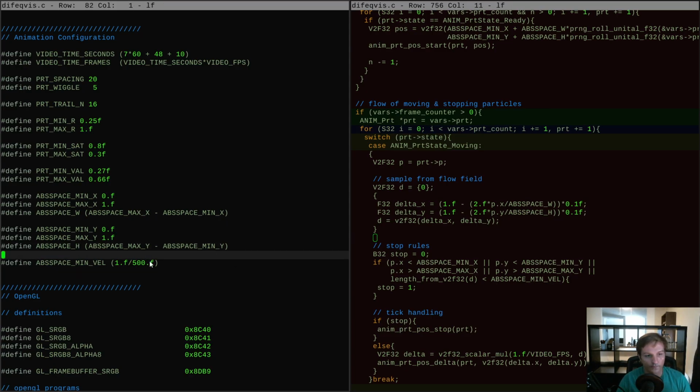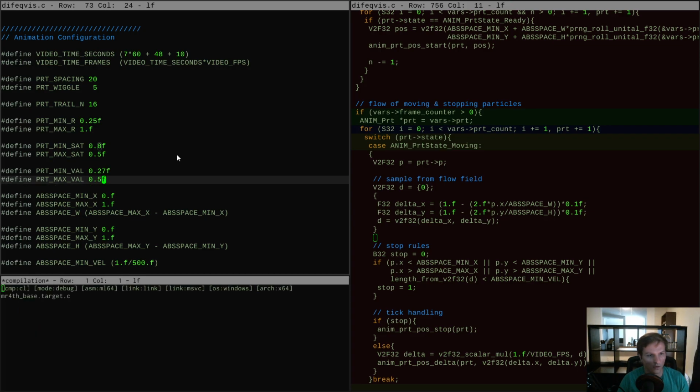Okay, so trying to make it a little bit more readable when the particles get slow.